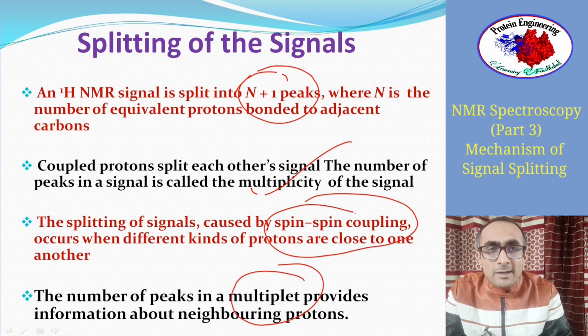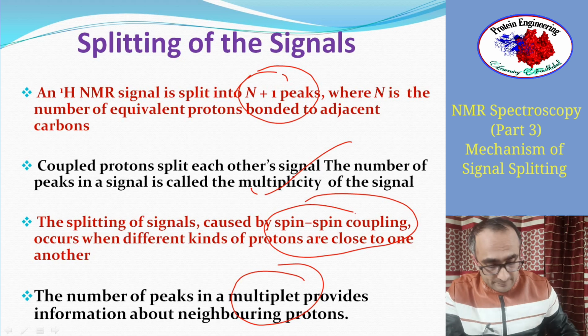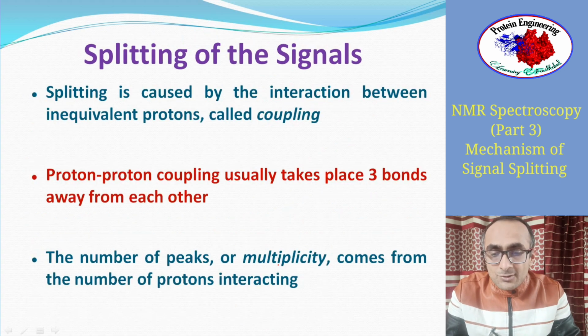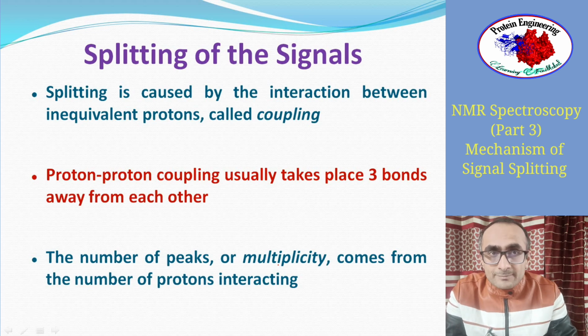So just by looking at the number of peaks, we can say the number of protons present in the neighborhood of that peak. Splitting is caused by the interaction between nonequivalent protons, which is also known as coupling. If you have nonequivalent protons in the neighborhood, they cause splitting, and that splitting is defined by the N+1 rule.